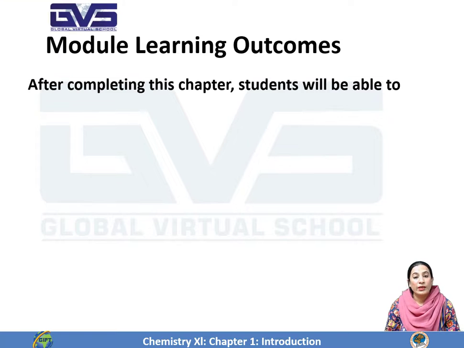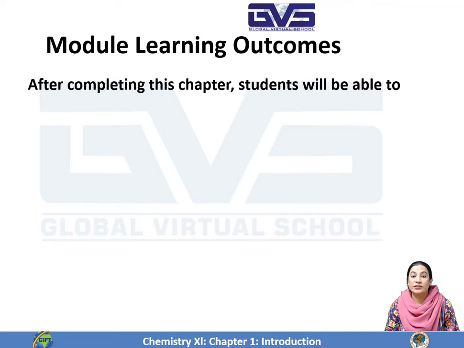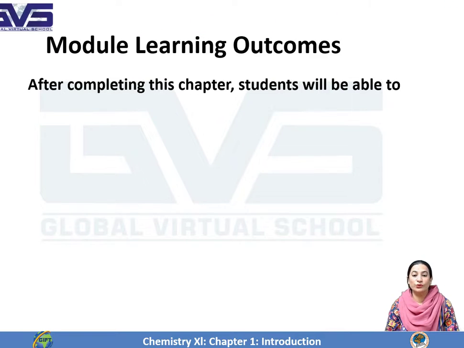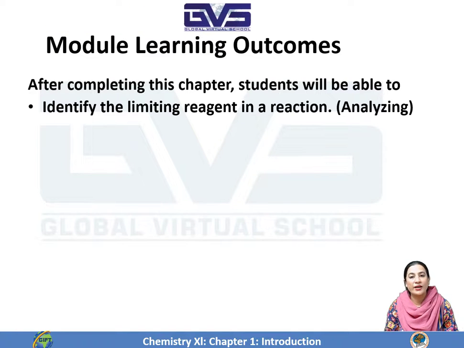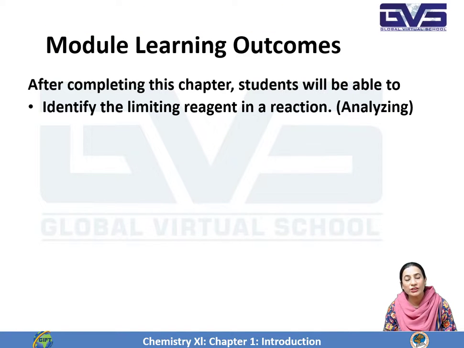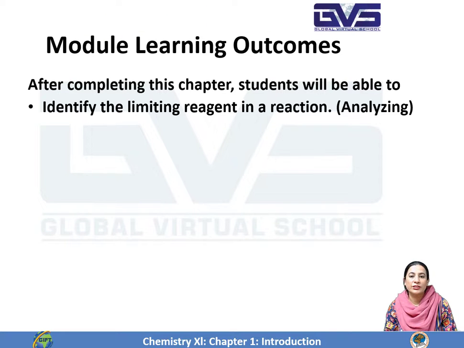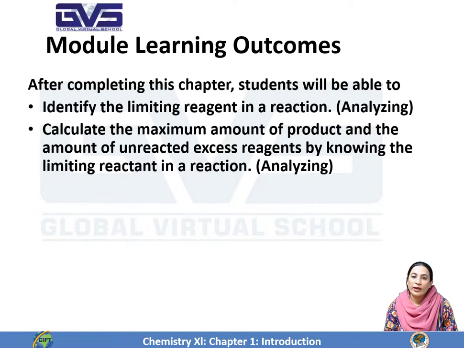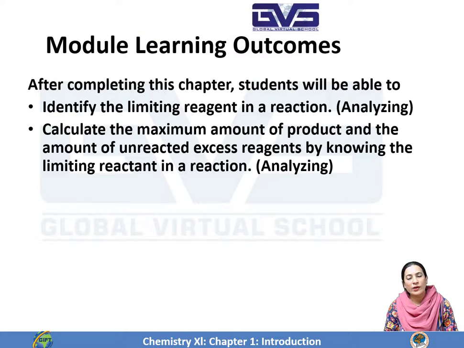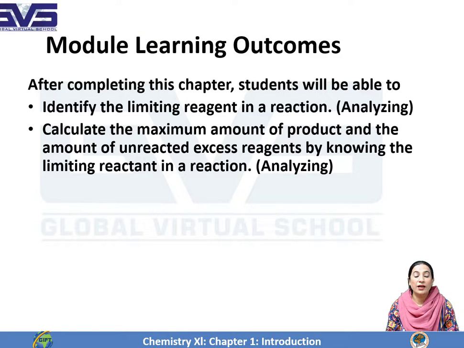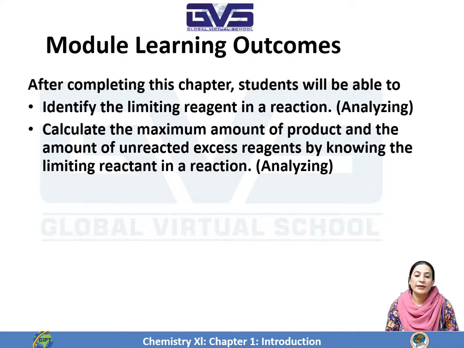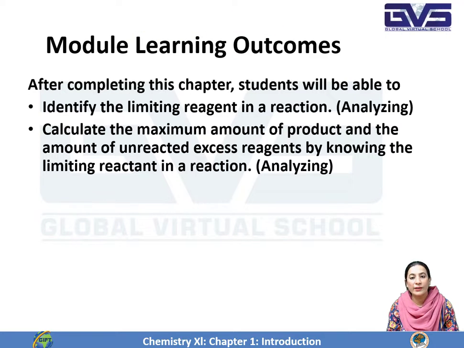Then you, students, I'm talking to you, will be able to identify the limiting reactant in a reaction. What is the limiting reactant in a reaction? What is the non-limiting reactant in a reaction? Then you will be able to calculate the maximum amount of product, how much product is formed, and the amount of unreacted excess reagent, meaning the non-limiting reactant.